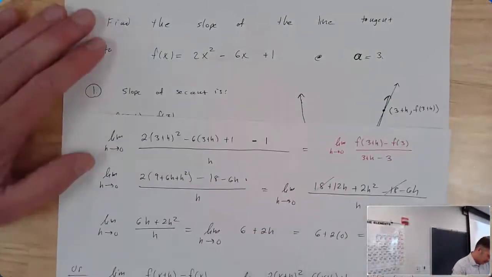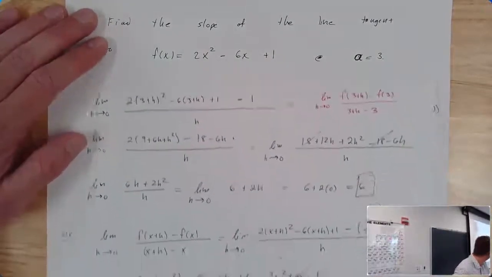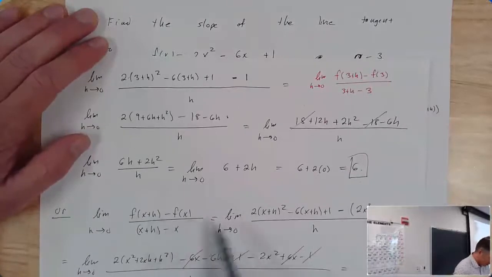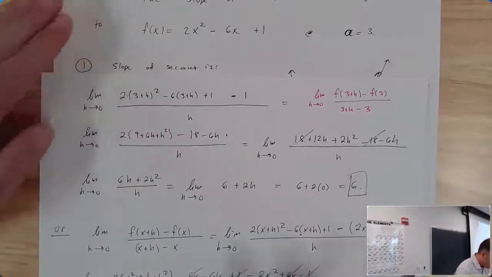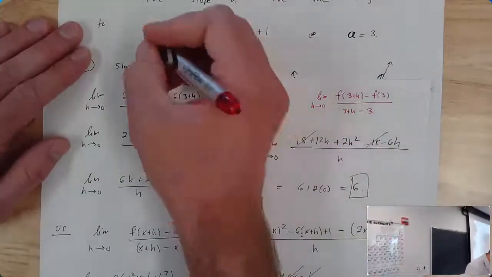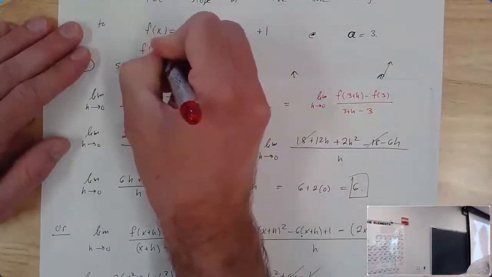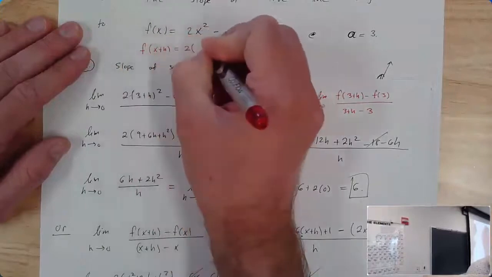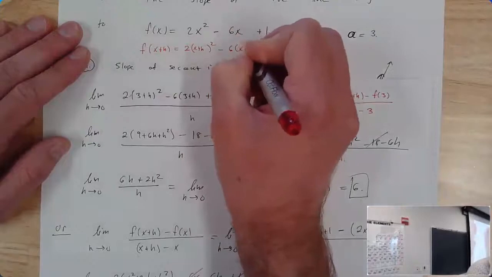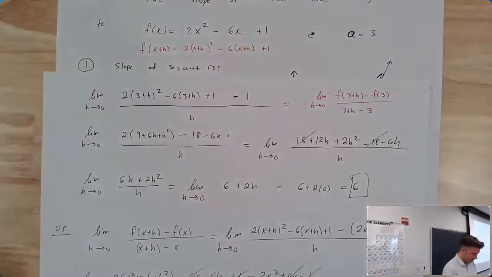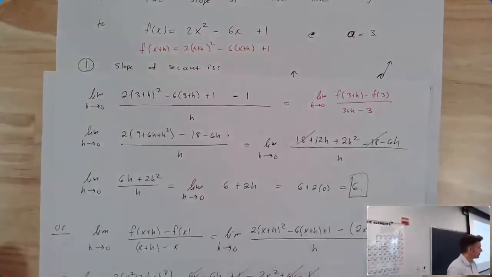So all I did to get from here to here was I said, okay, f of x plus h is just 2 times x plus h squared minus 6 times x plus h, and then subtracted f of x.